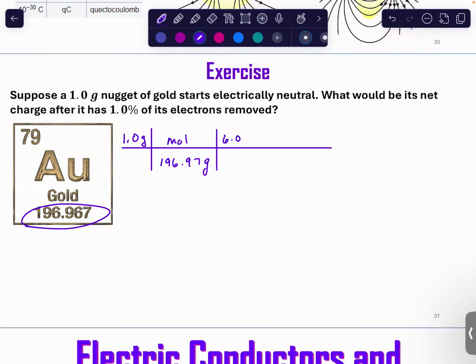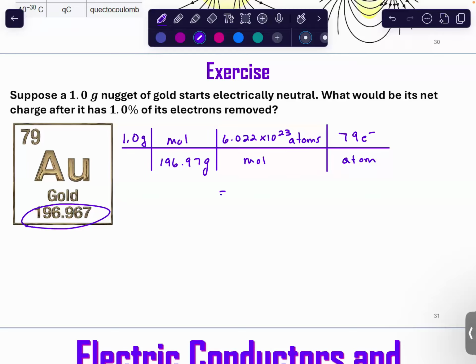You use them enough, you should probably have a few of them memorized by this point. And we said we have 79 electrons per atom.